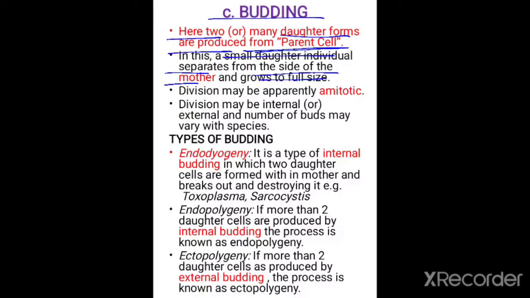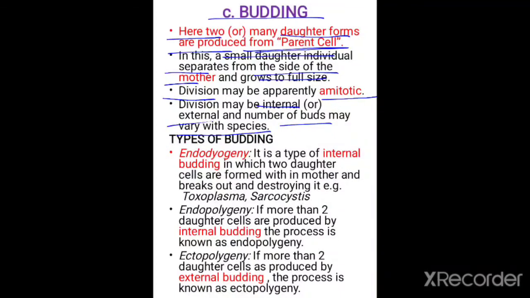If this is the parent cell, the daughter cell which arises from the side will bud and cut off and start developing into another parent cell. The division is apparently mitotic, it may be internal or external, and the number of buds may vary with the species.